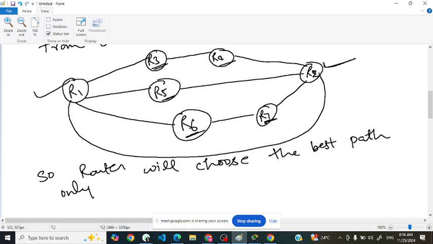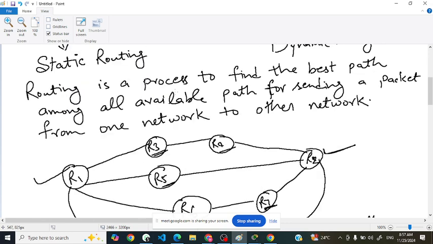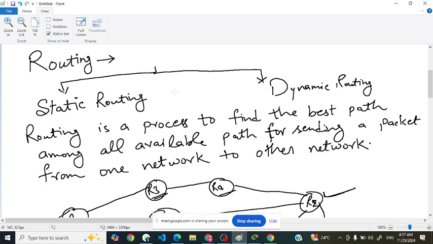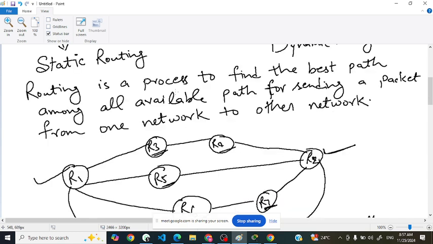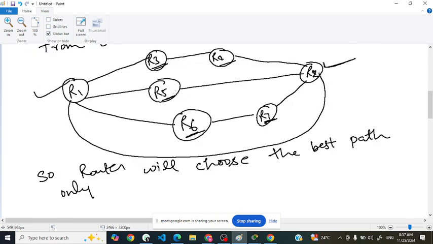There is just a very marginal mistake in your definition of routing.